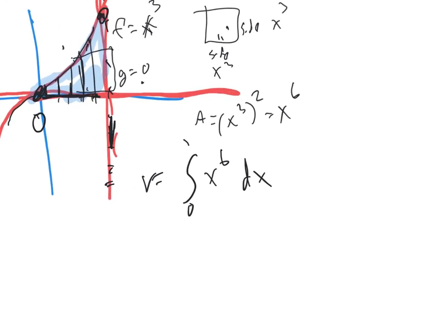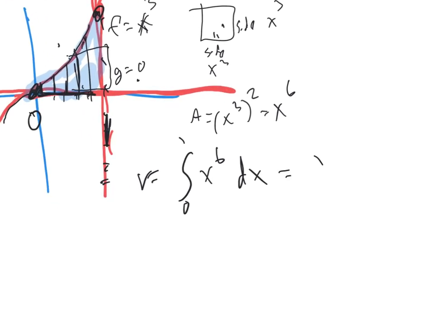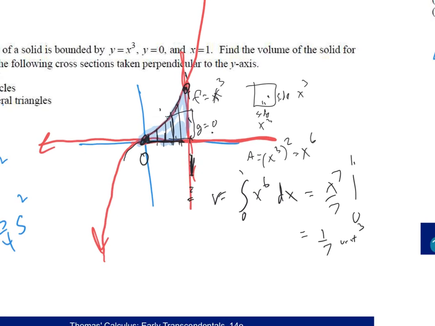This is just too simple. Is x to the 7 over 7 from 0 to 1. The answer to this problem is 1 to the 7th power over 7. 1/7 units cubed. Boy, that was almost too simple. Hope it's correct.